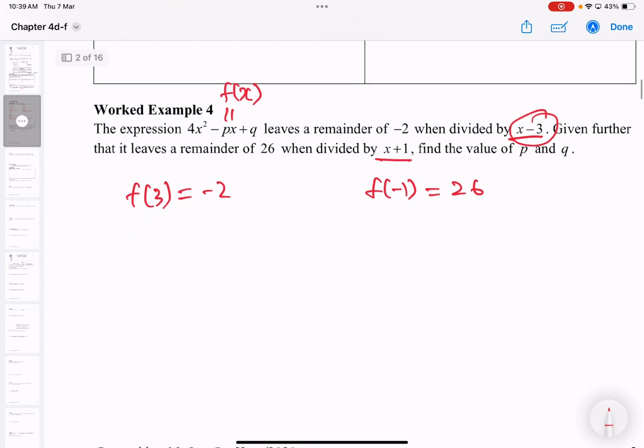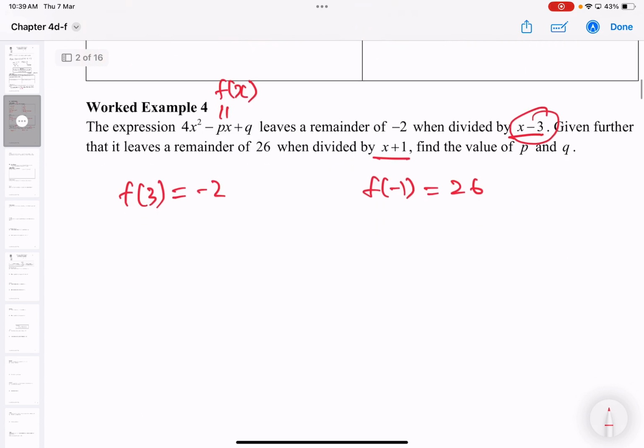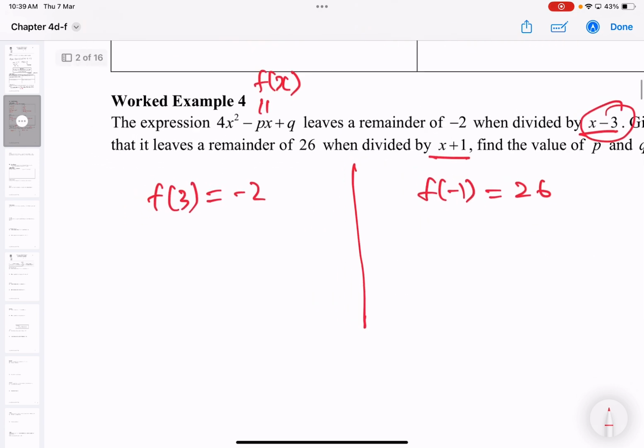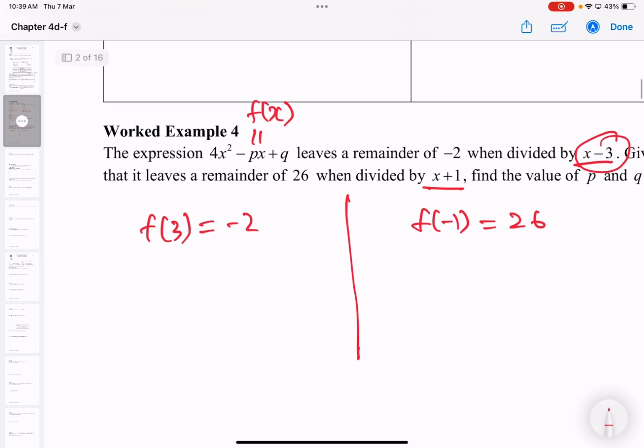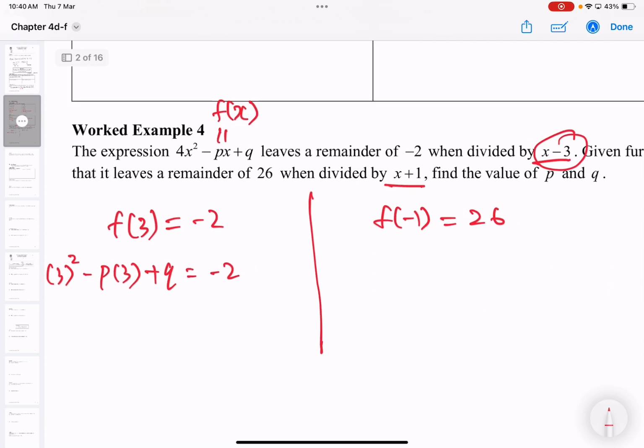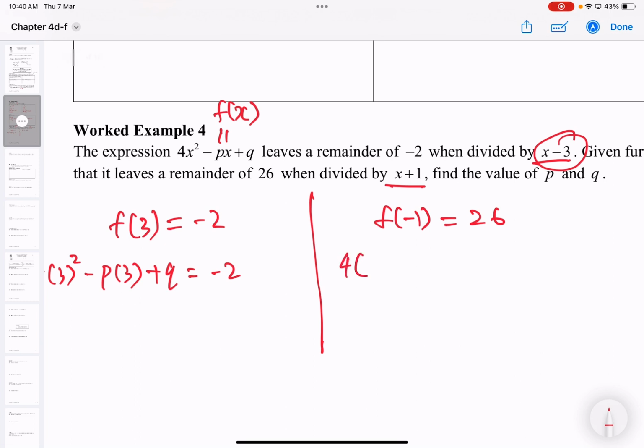So here you have two equations. Let us do the substitution. For the first one, 4 times 3 squared minus p times 3 plus q is negative 2. For the second, 4 times negative 1 squared minus p times negative 1 plus q is equal to 26. Do you see where we are going?